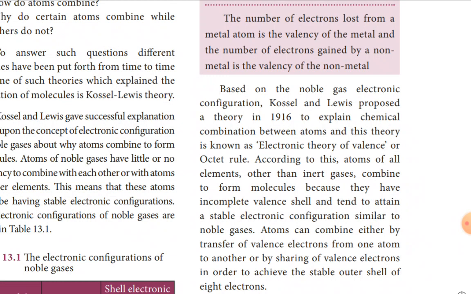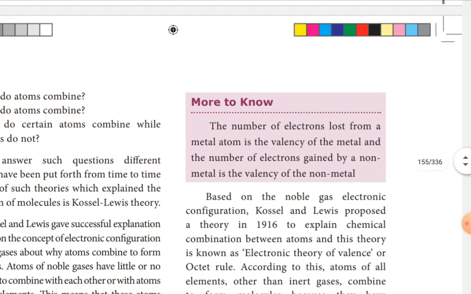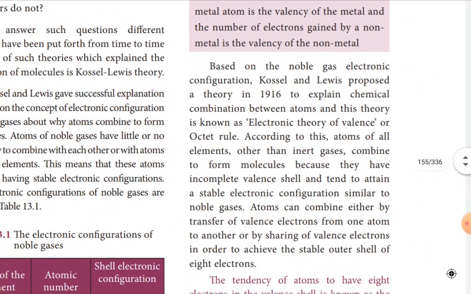So already explained. Again you are going to see why atoms combine. According to this, atoms of all elements other than inert gases combine to form molecules because they have an incomplete valence shell and tend to attain a stable electronic configuration similar to noble gases.